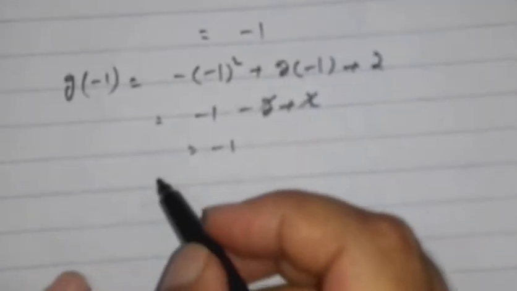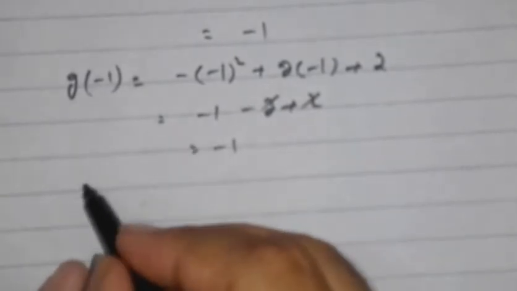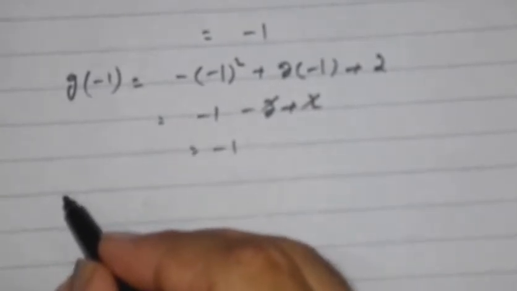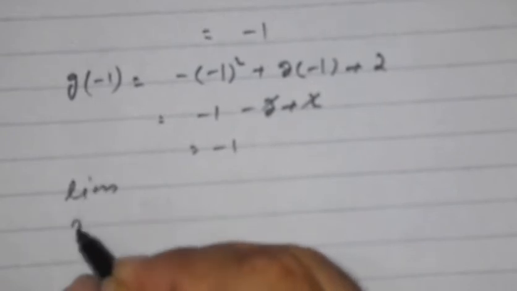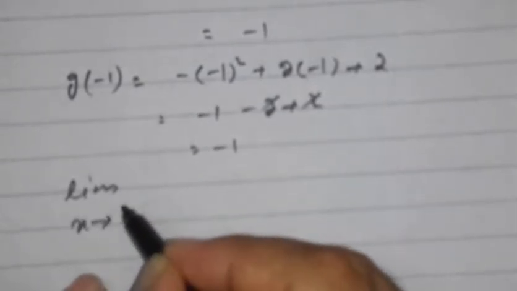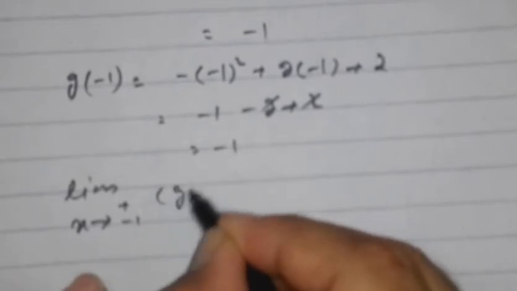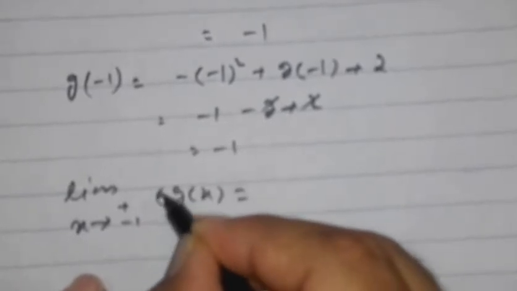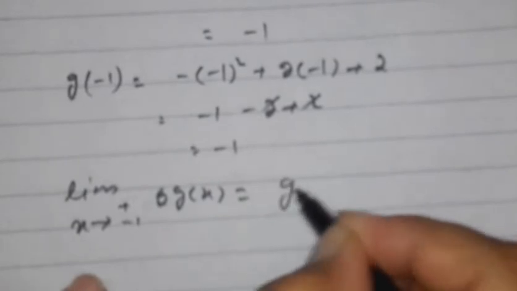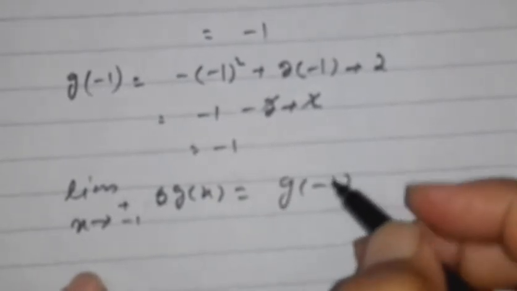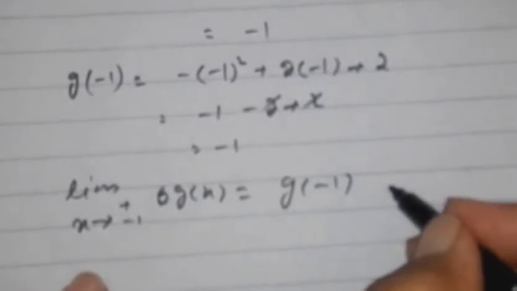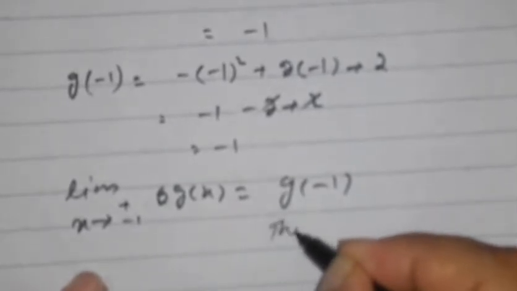So now look, the function value and the limit as x tends to -1 from the right side of g of x equals g of -1. Thus g of x is continuous.